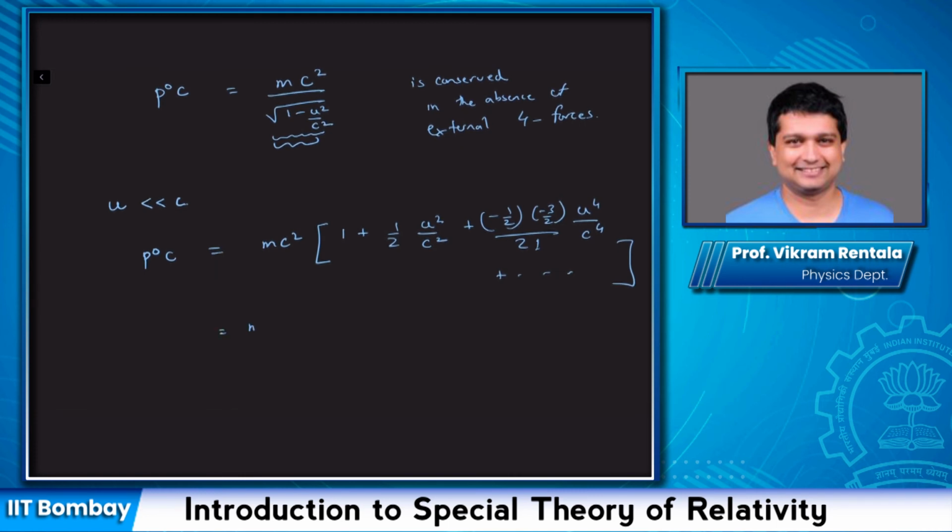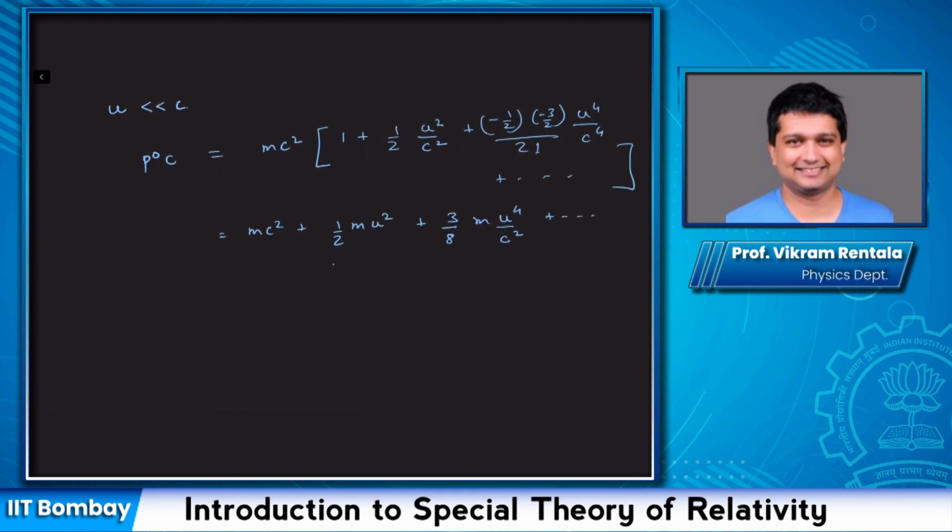So we can now write this as mc squared plus half m u squared plus 3 by 8 m u to the 4 over c squared, and so on. If you look at this first leading order correction to p0c just being mc squared, this just looks like your kinetic energy in Newton's theory.